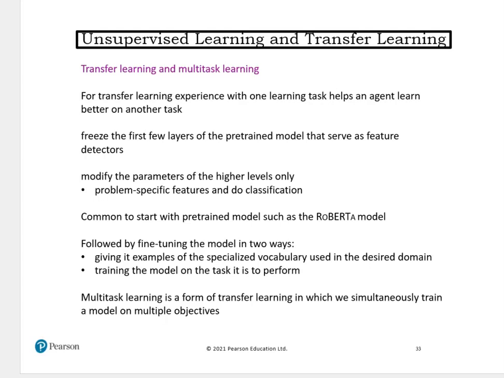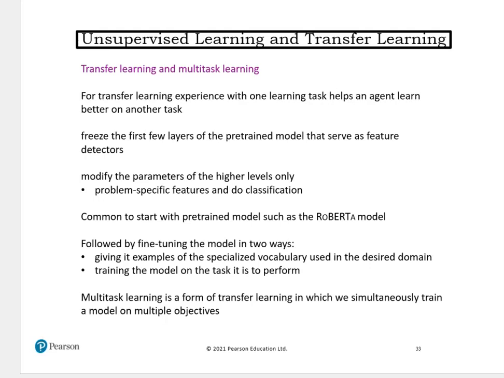Another example, say you're building a natural language system. Typically now we start with a pre-trained model like RoBERTa, for example, which already knows a lot about the vocabulary and the syntax of everyday language. It's been trained on a huge corpus of text. The next step is to fine-tune the model in two ways.